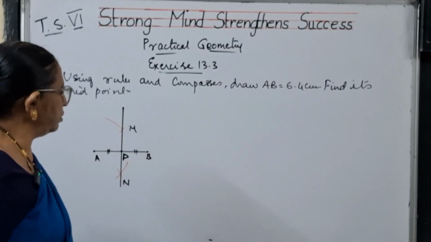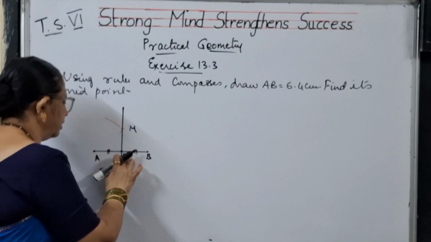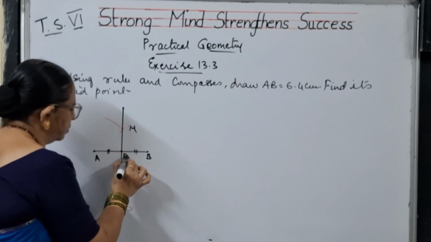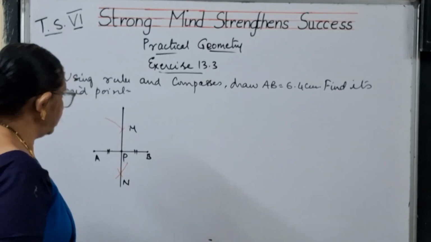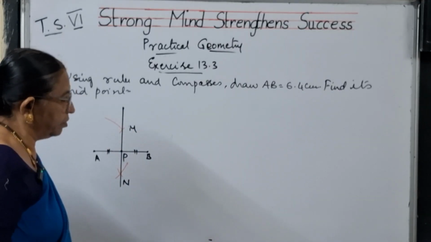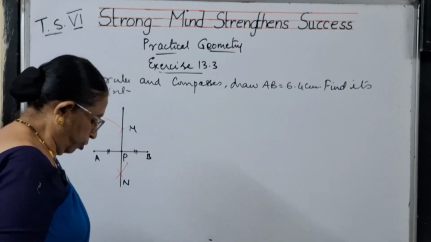He is not asking you to measure, so you need not measure, but you can say that this P is the midpoint. Why can you say so? You are sure that you have drawn the perpendicular bisector. So the bisector will definitely divide AB into two parts.